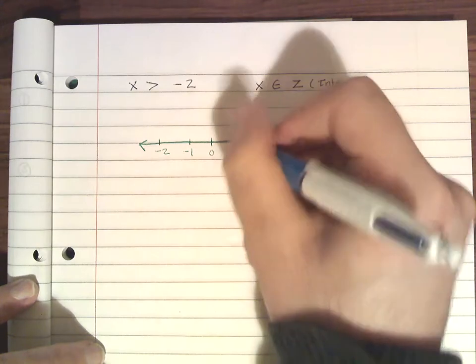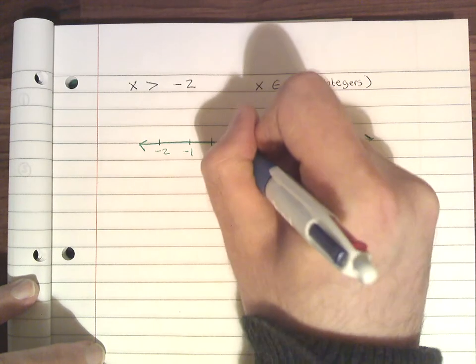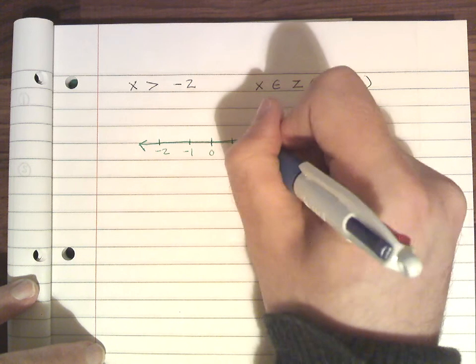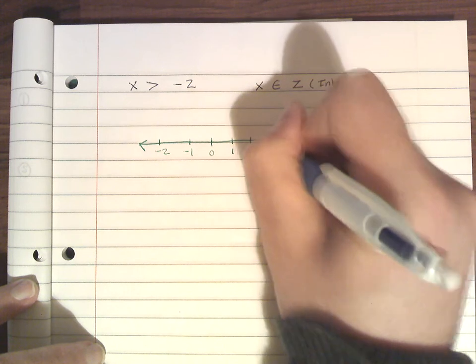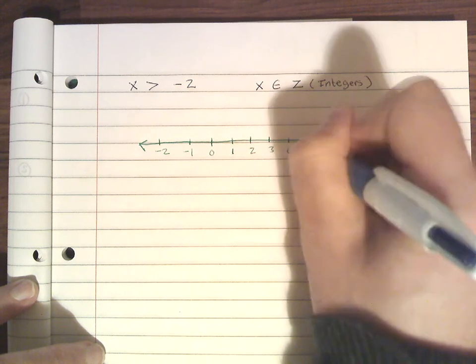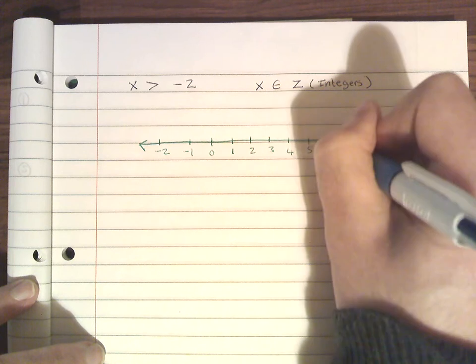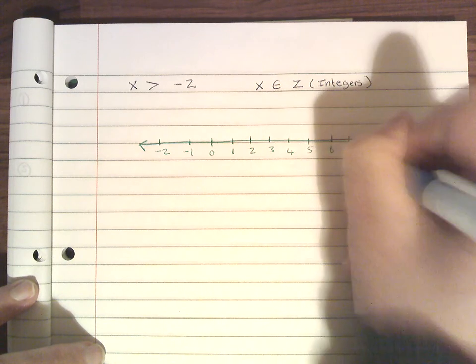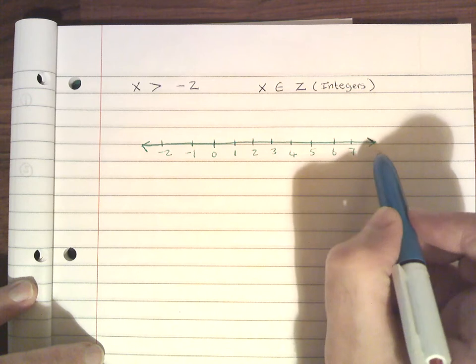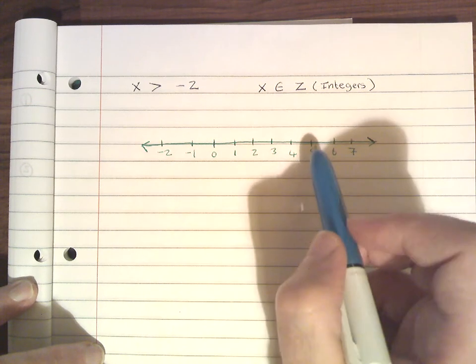Then on the right we have the positive integers: 1, 2, 3, 4, 5, 6, 7, and this just continues on and on in this direction. So this is just our basic number line.